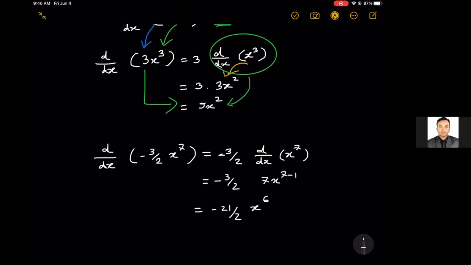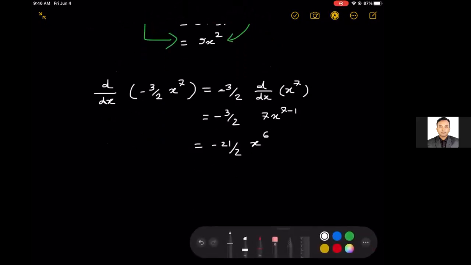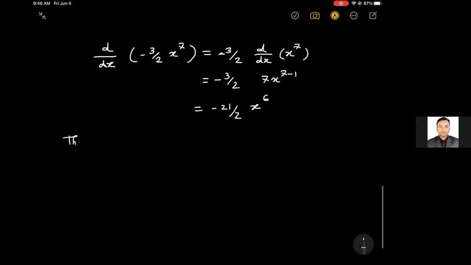The next one we have is theorem 3.5. Theorem 3.5. It will help us to find derivatives of more than one function, okay?